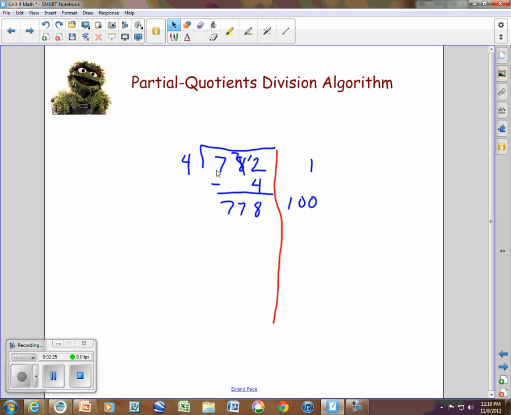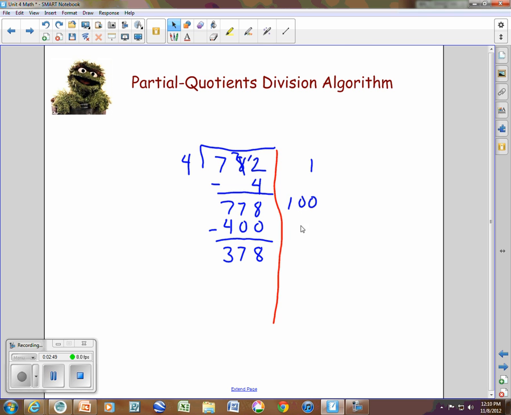Well, 100 4s is the same as 400. And when I take that away from 778, I'm left with 378. Now I still have quite a big number, but you can see I've reduced it by 400. I couldn't do another 100 though, because that would be too much.